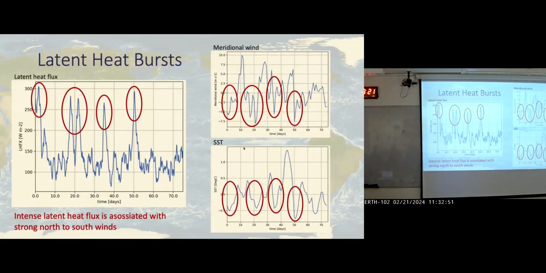And we see that these are associated with strong north-to-south winds, so cold air blowing from the cold side of the front to the warm side of the front. We don't see these high latent heat fluxes when the wind is blowing in the opposite direction, so positive values, winds blowing from the warm to the cold. We see it only when the wind is blowing from the cold to the warm. And also in SST, we see a very significant reduction in sea surface temperature.